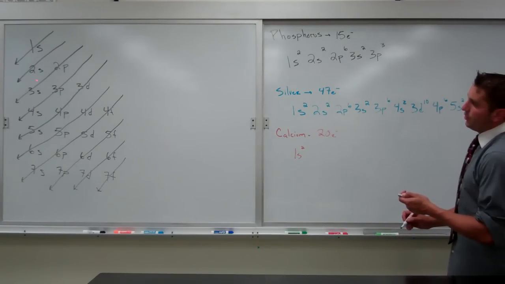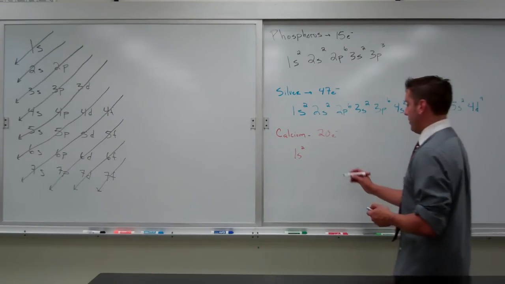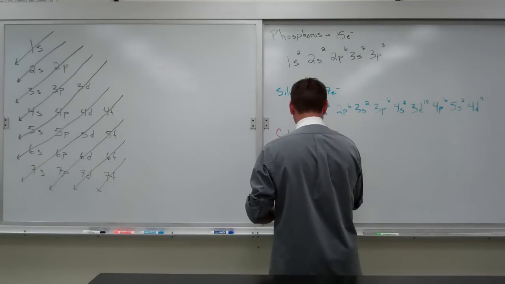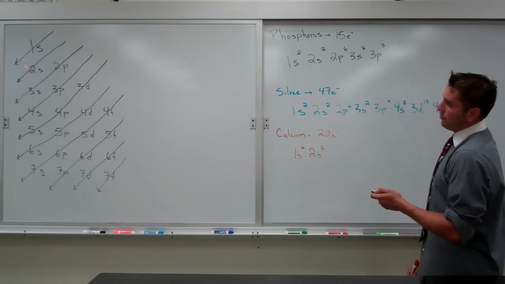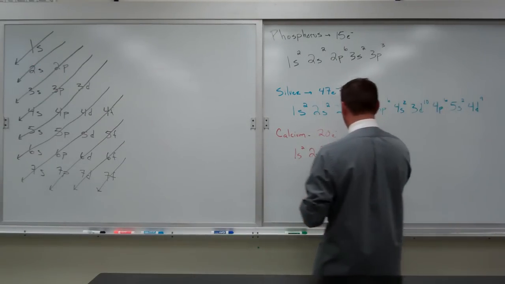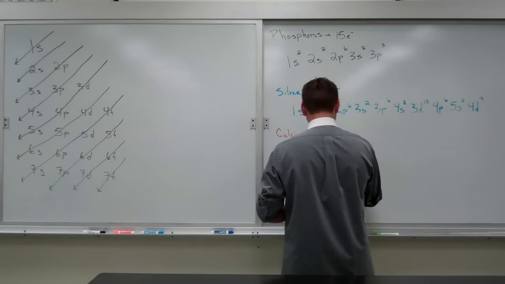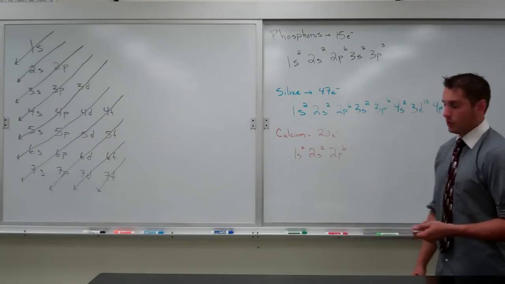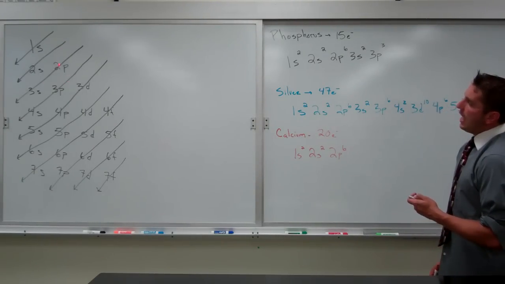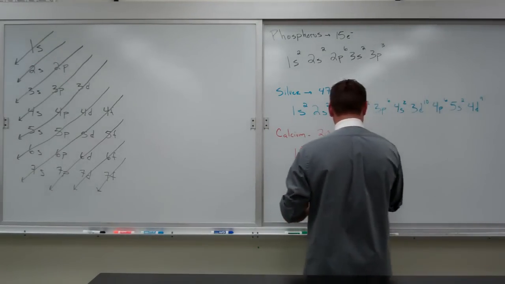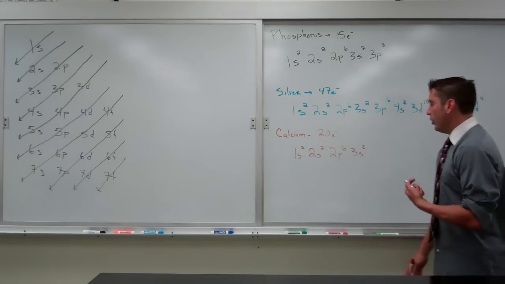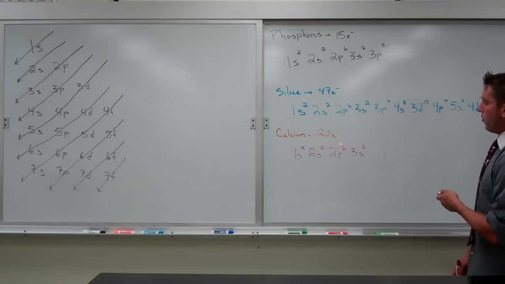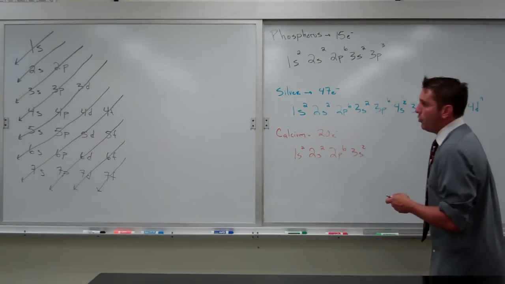After the 1s fills, the 2s will fill. An s can hold 2. After the 2s fills, a 2p fills. It can hold 6. So we have 2p6. After the p fills, it's the 3s. 3s2. Periodically take a look: 2, 4, 10, 12, still have 8 to go.